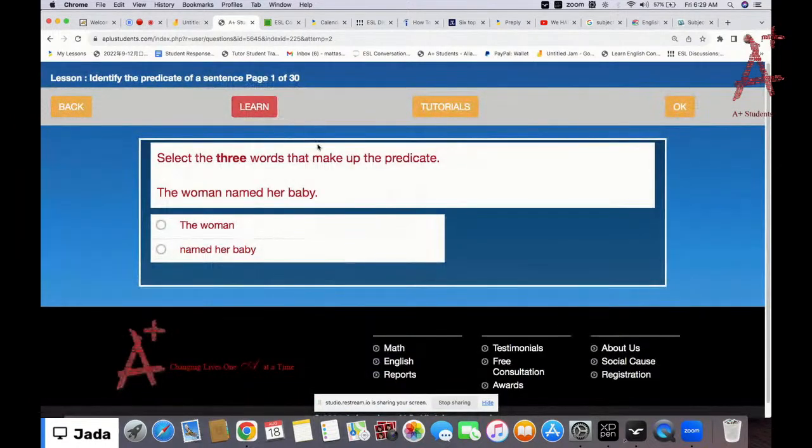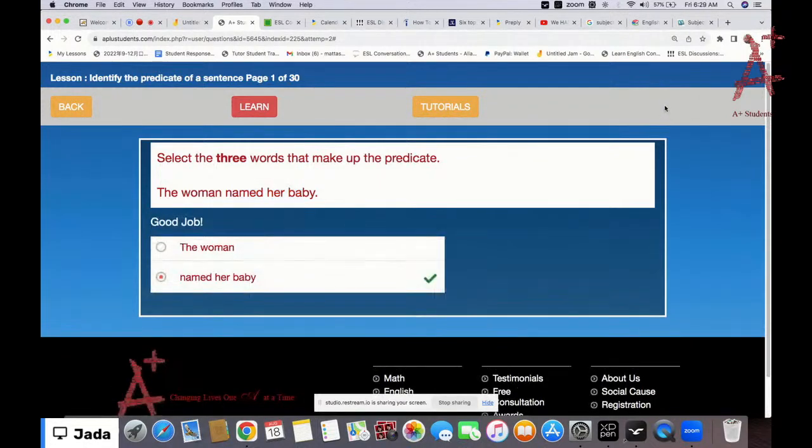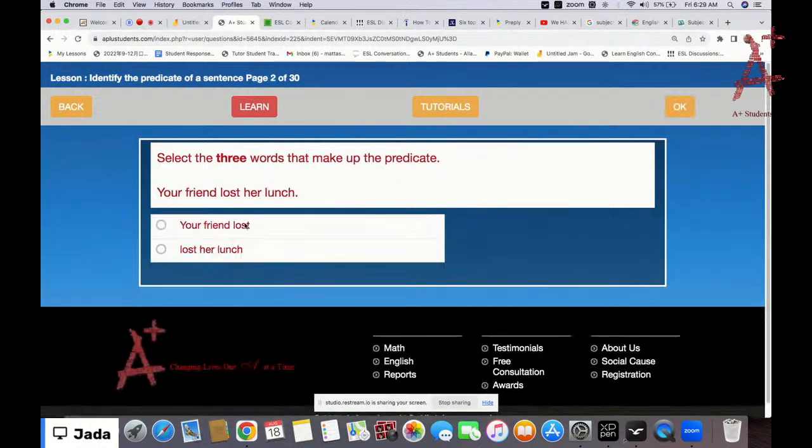Now we have 30 questions, and let's see how many we can do together. Select the words that make up the predicate. The woman named her baby. The woman is the subject, and named her baby is the predicate. Select the three words that make up the predicate.